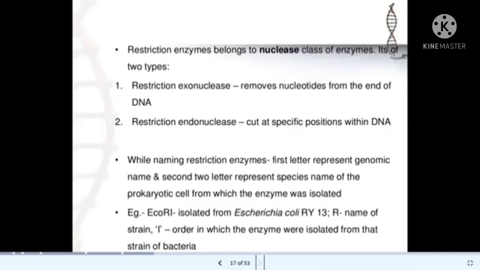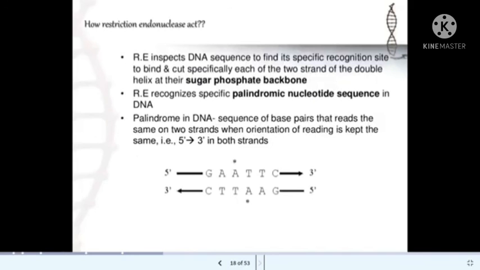For example, if the restriction endonuclease is isolated from Escherichia coli, we represent the name as E co I. It means that the enzyme is extracted from Escherichia coli of strain I. Clear? So this is how the restriction enzymes are named.